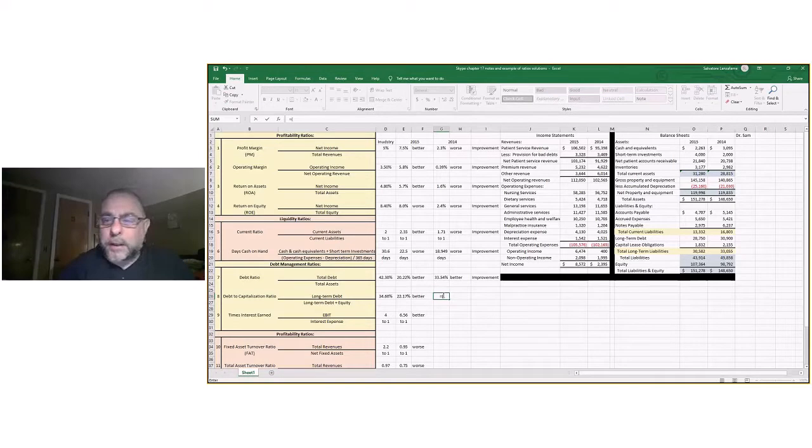So if I take my long-term debt, which is $30,900, and I divide that... is that my total long-term debt? Nope. I knew something was goofy. Hang on a second. So my total long-term debt is actually this number.